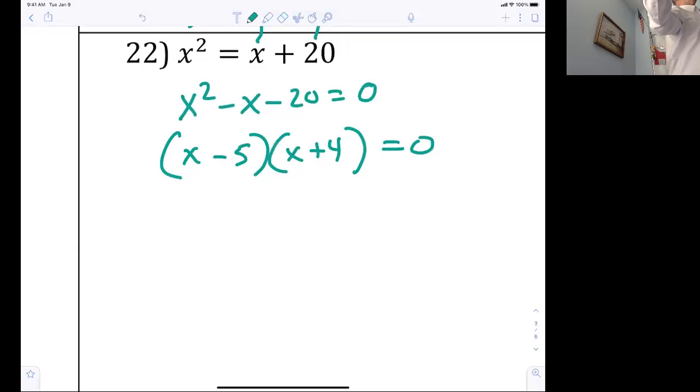I don't need to do all that work. If you can look at that and tell me the answer, you don't have to write X minus 5 equals 0. To me, that was a waste of my graphite. I can tell X minus 5 equals 0. I know the answer is what? 5. I don't have to write all that out.